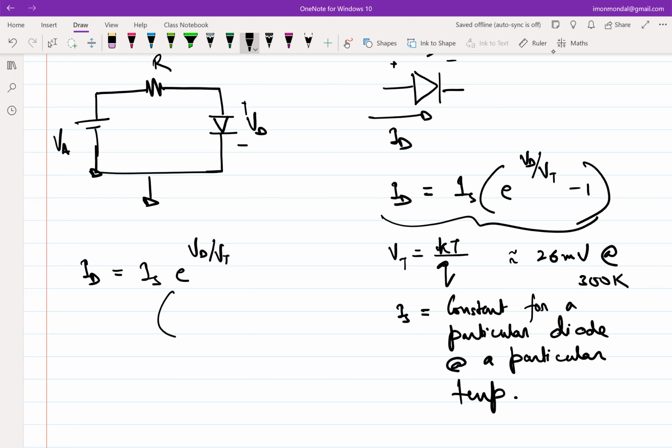So this is under forward bias condition, right? That is, VD is much greater than VT.